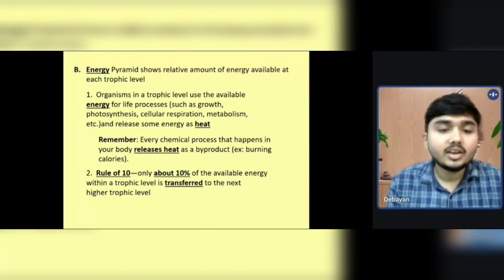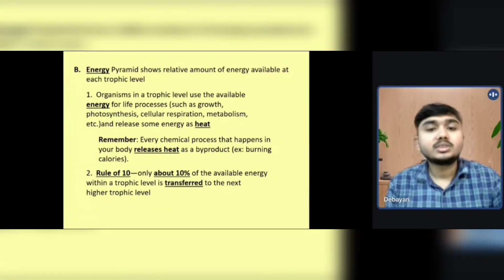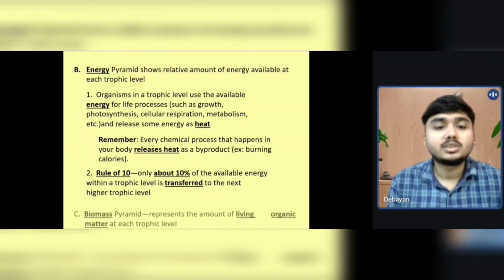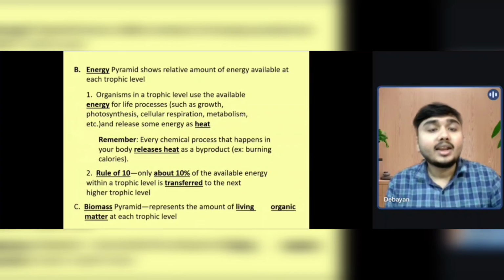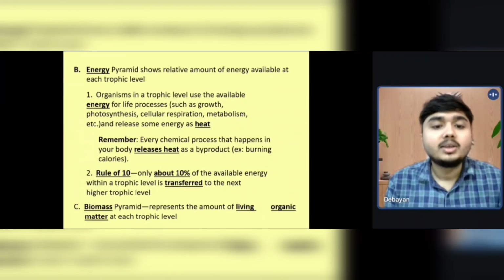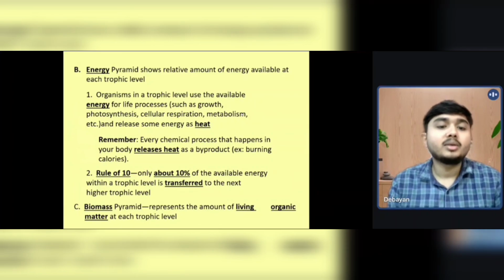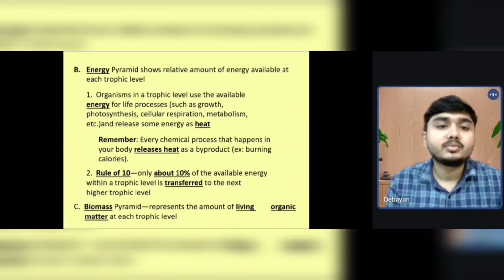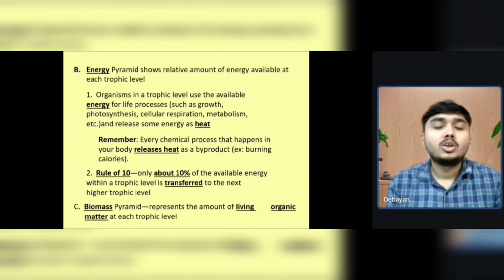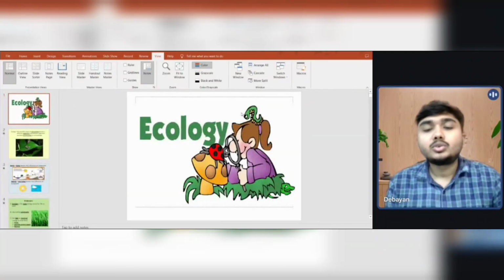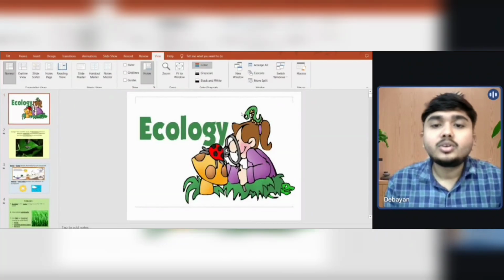So student, a question will come in the examination: what is Lindemann's 10% law? And now the term is called biomass. The pyramid represents the amount of living organic matter at each trophic level. This is called biomass.